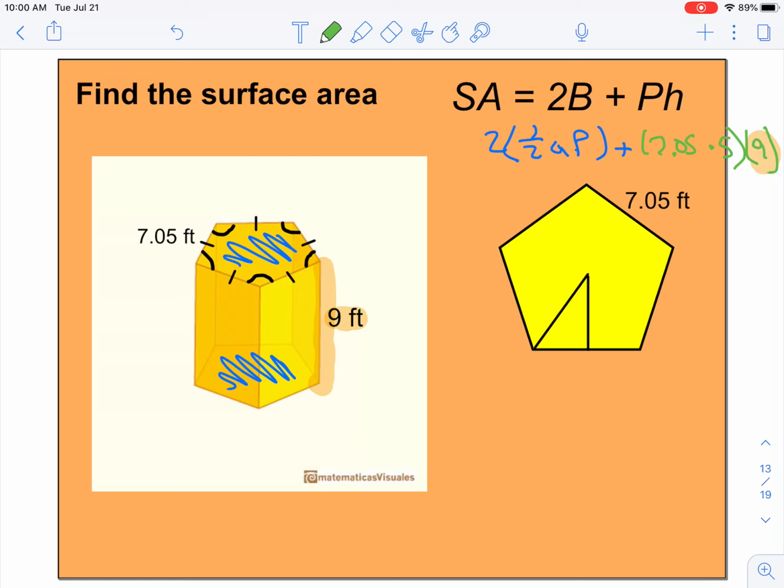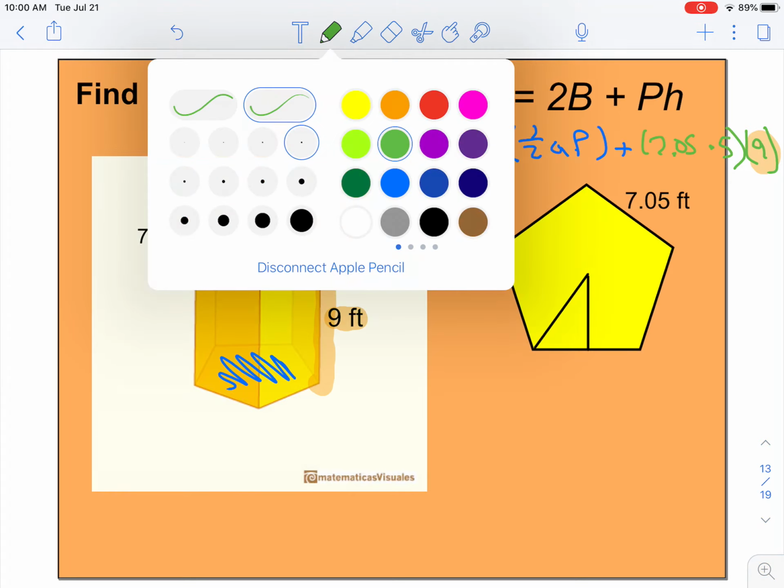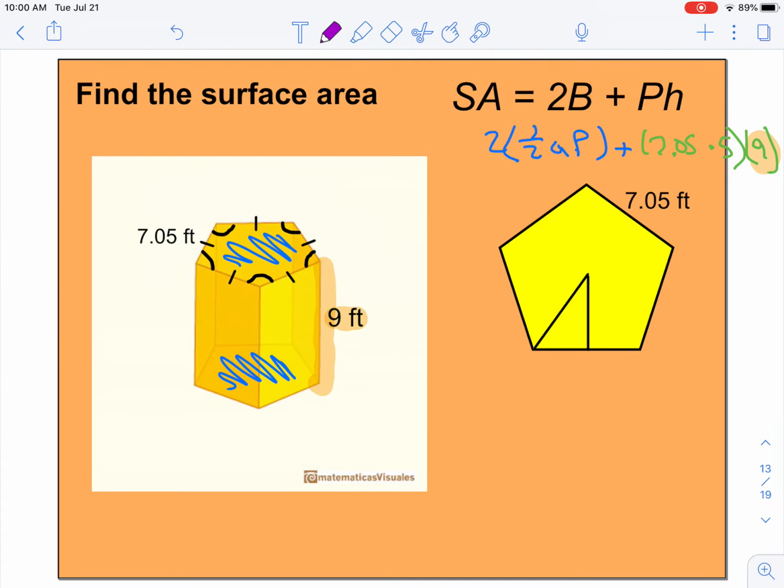Okay, so now what I'm going to do is work on getting this apothem. If I'm working on this apothem right here for this triangle, I know that it splits that base in half. So 7.05 cut in half gives me 3.525.